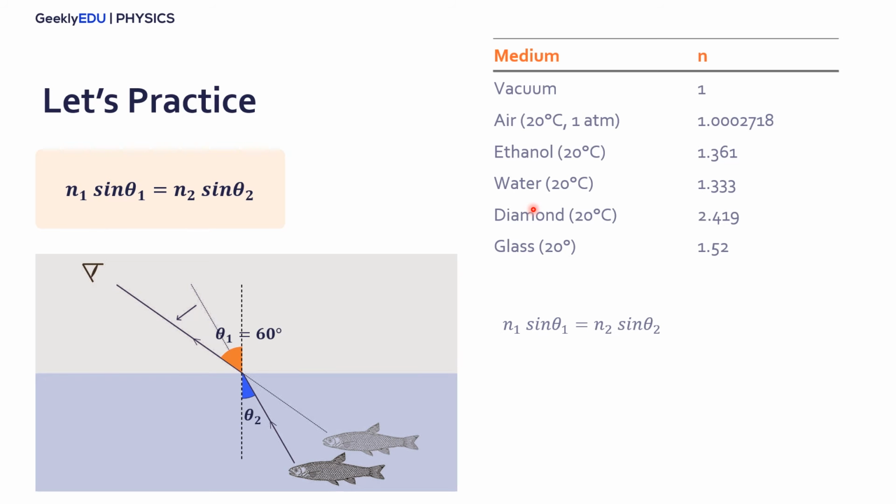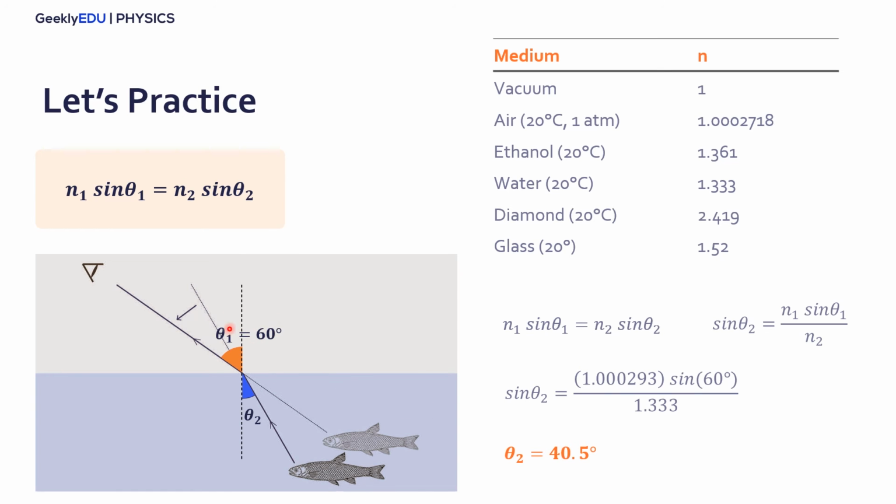Let's assume that air and water are at 20 degrees Celsius, so we take the indices of refraction from the table. We can simply isolate the sine of the second angle, insert the values, and find that the second angle is 40.5 degrees.